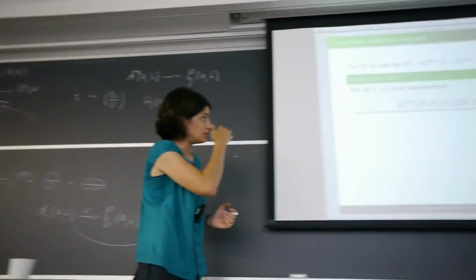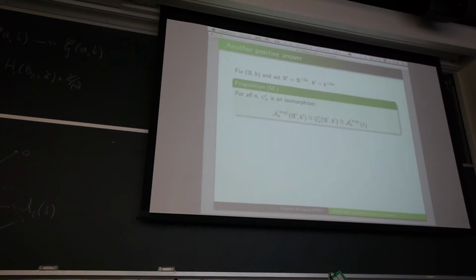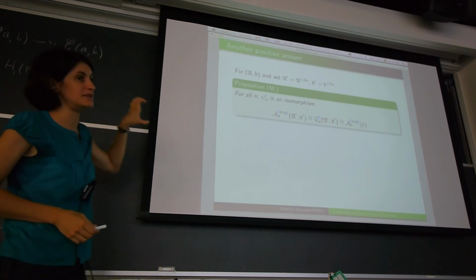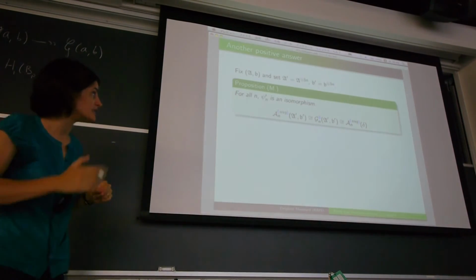So there are a few things to check. In particular, that AN AB is generated by such diagrams on which the univalent vertices are only labeled by elements of the different copies of A, and two for each copy.